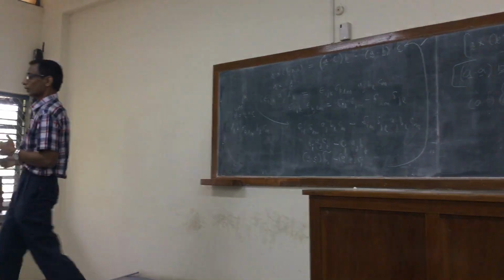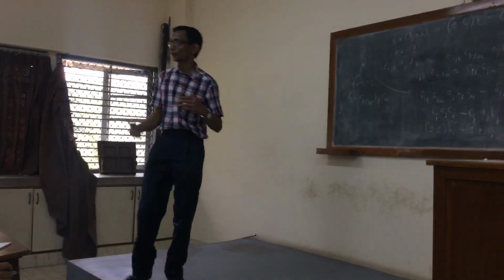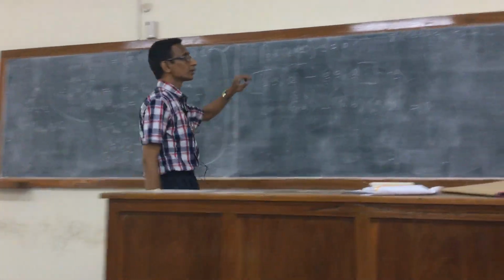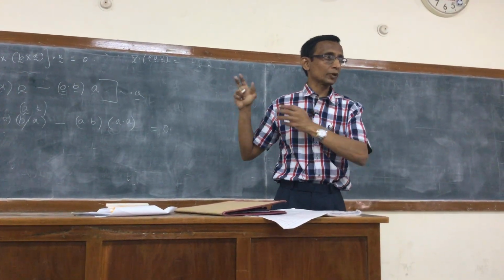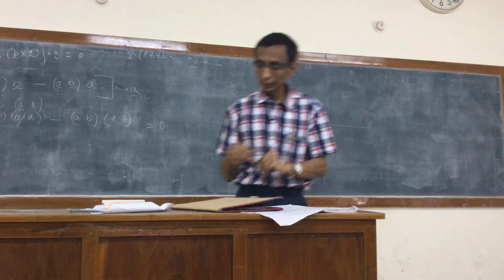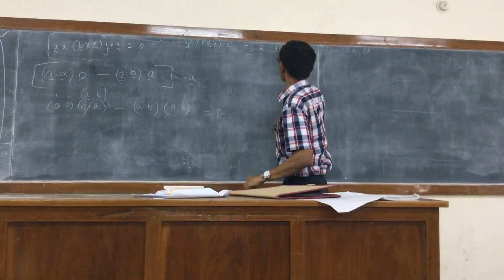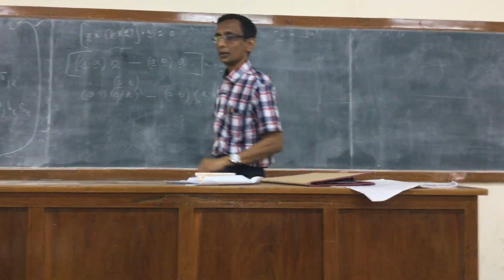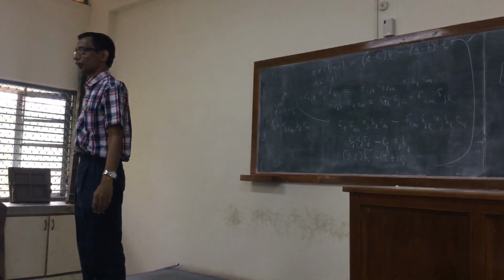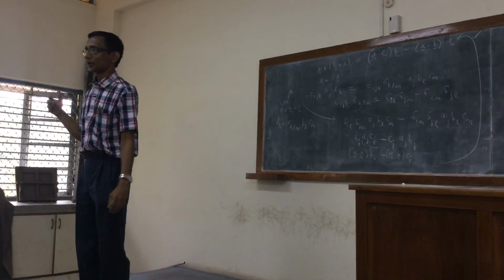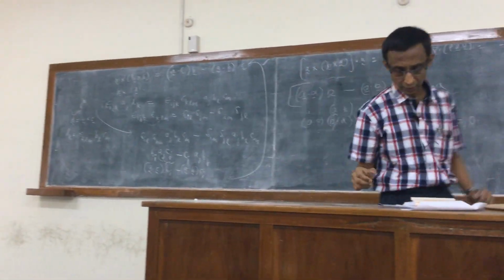Now here A and B are different. In that case A and B were both equal to B. But here they are different. You put A equal to B in the identity that is given, that is 7, and you will get the result which we have proved also. So that's again fairly straightforward. It's just a generalization of the case where the two vectors are not equal. So you should go ahead and prove it.